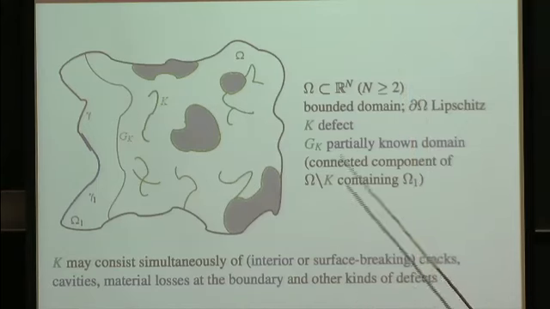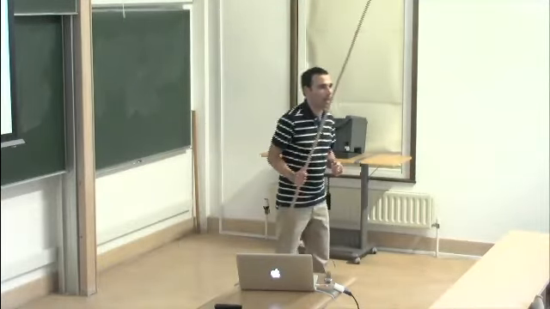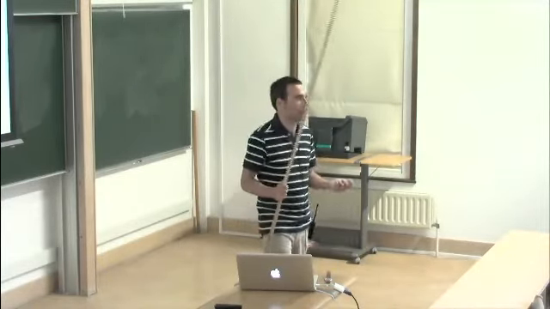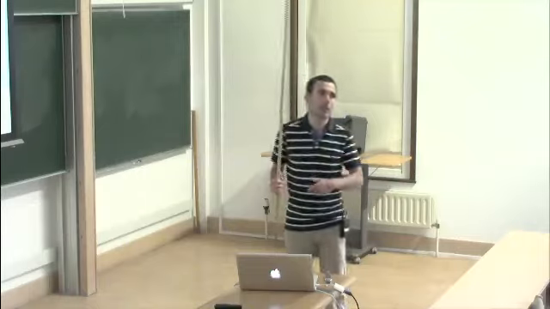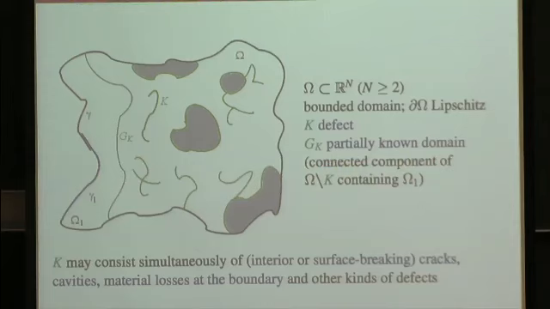Okay, and the idea is you would like to determine these kinds of defects by performing electrostatic measurements at the boundary, the usual current and voltage type of measurements. So what you are assuming here is that there is a region omega 1, which is free from defects, and there is a part of its boundary which you can access and you can perform measurements there.